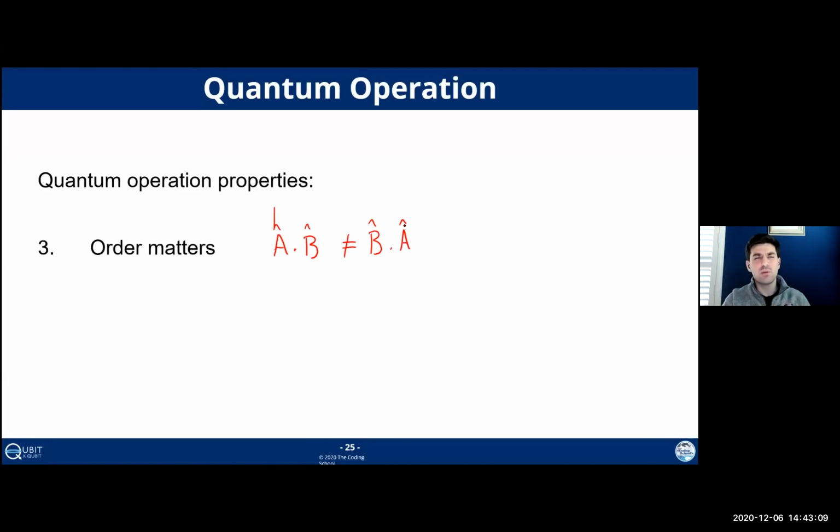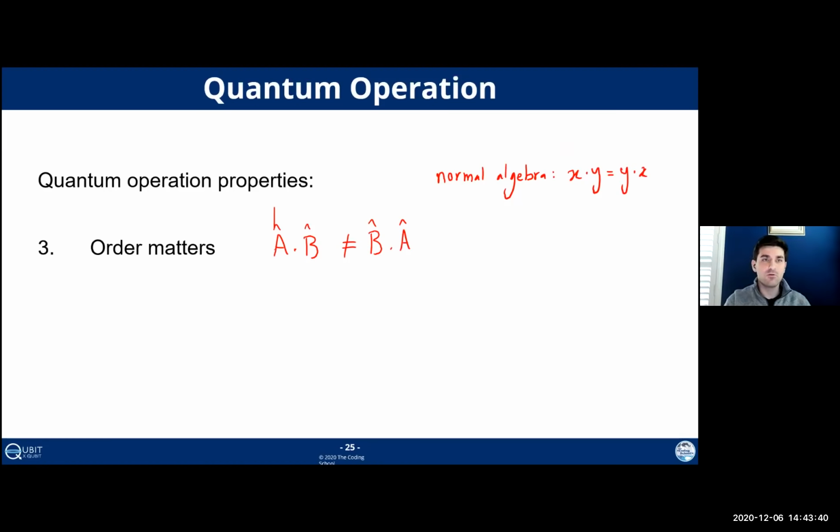And this is a little bit counterintuitive from the normal algebra that you're used to, because in normal algebra, if you have x times y, that is equal to y times x. But it's not the case for quantum mechanics and linear algebra necessarily.